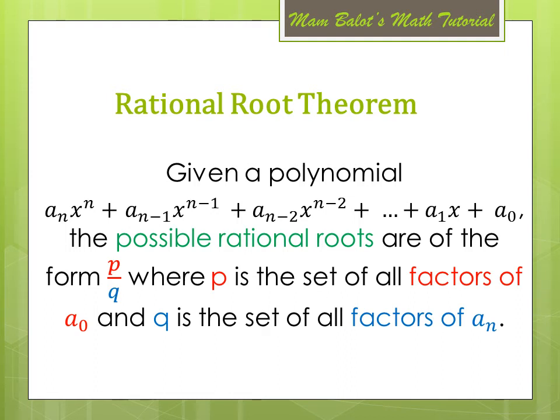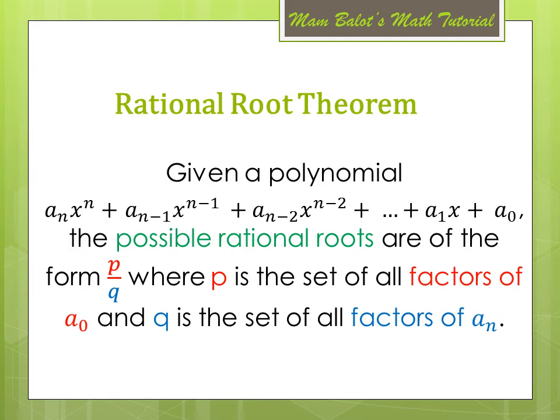So what does this mean? Meaning, we can have the possible rational roots of a certain polynomial by just dividing the factors of a sub 0 and a sub n.